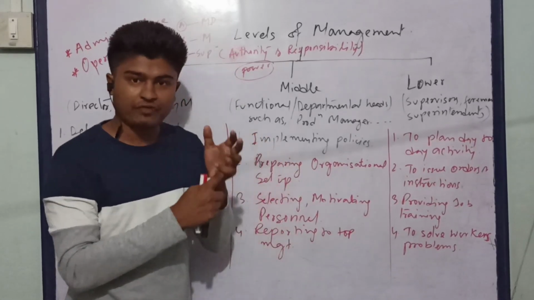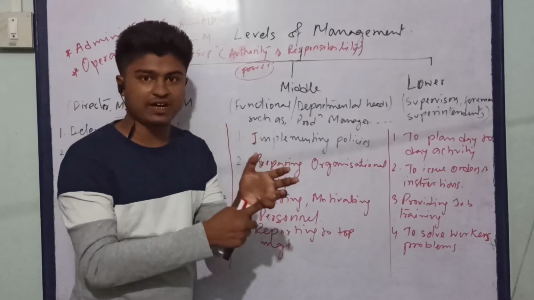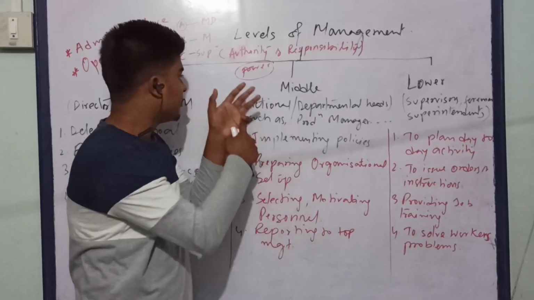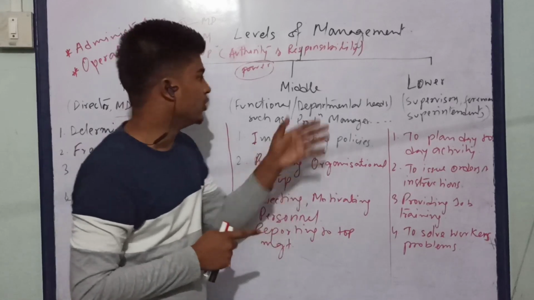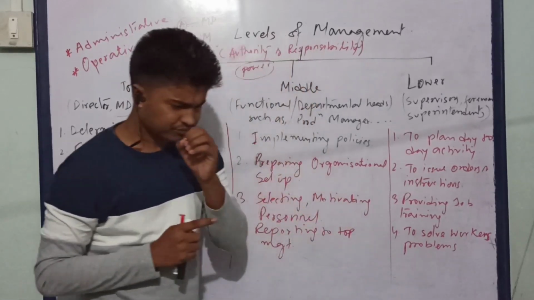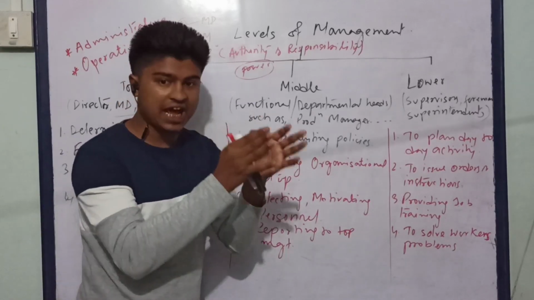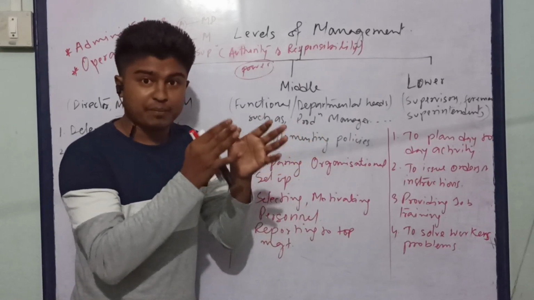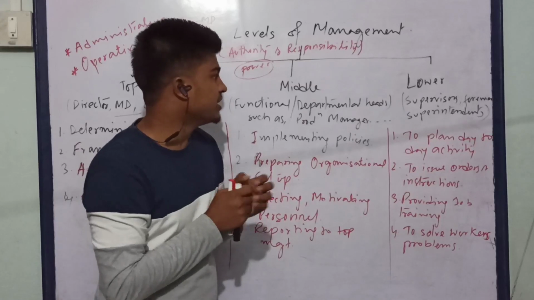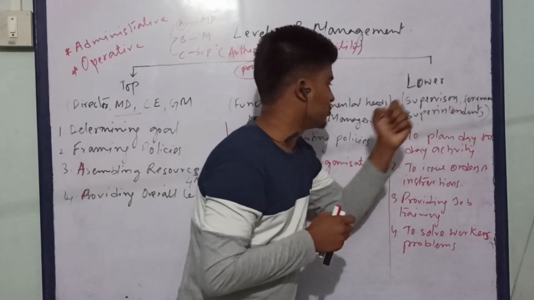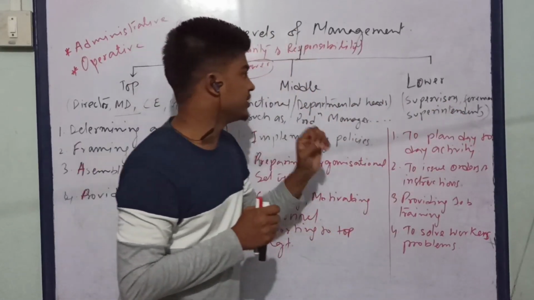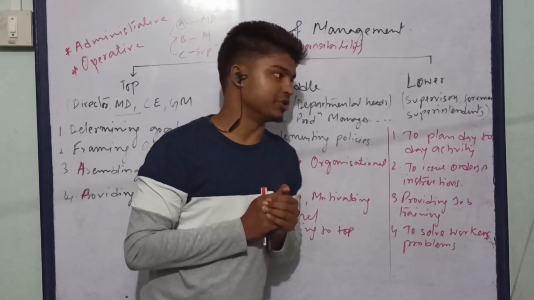The manager of every department or every function comes under middle level management. Now lower level management. See, lower level management is generally associated with actual activity or the manufacturing activity, and generally supervisors, foremen, or superintendents come under lower level management.